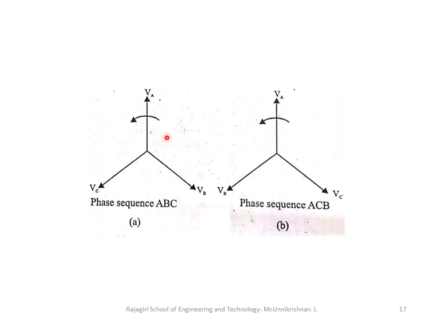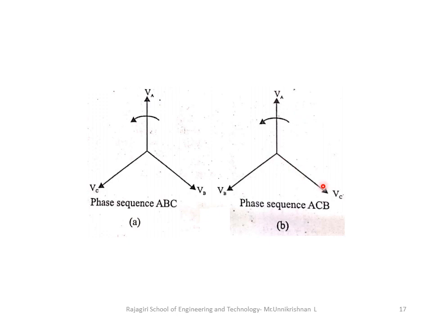In the first one, as we have already explained, we get ABC. In the second case, the outputs of the slip rings are arranged in such a manner that after coil A reaches positive maximum, coil C reaches maximum voltage in the positive direction.